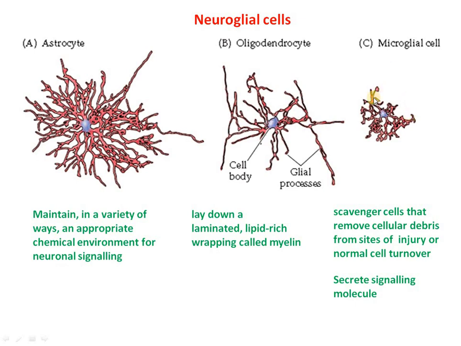They can engulf the foreign particles as well as the dead neuronal cell, and thereby protect the brain from the toxic effects of the dead materials as well as pathogenic substances. They can also sometimes secrete signaling molecules. So these are the different types of neuroglial cells.